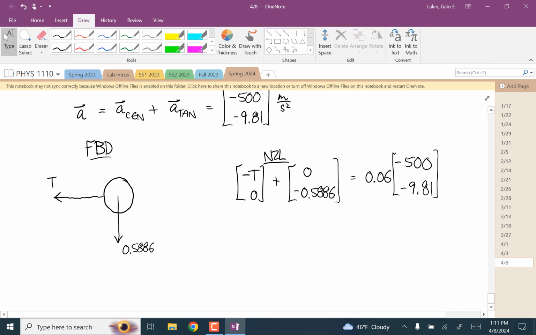All we want is that t, so we can skip the y equation that just would come out to say 0 equals 0 anyways. And the x equation says negative t is equal to 0.06 times 500, so that is just 30, negative. And so the tension is 30 newtons.